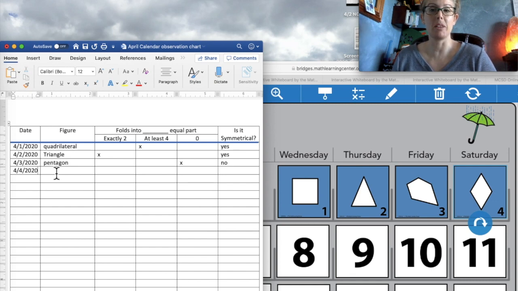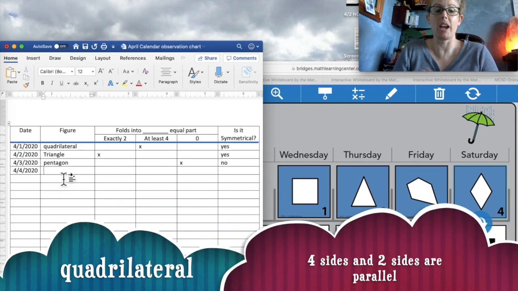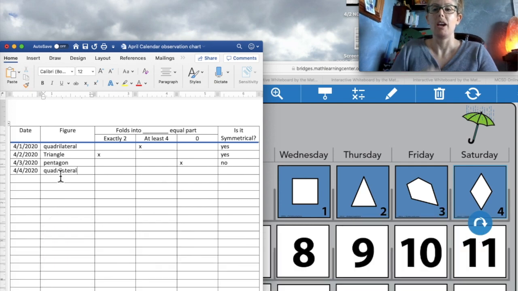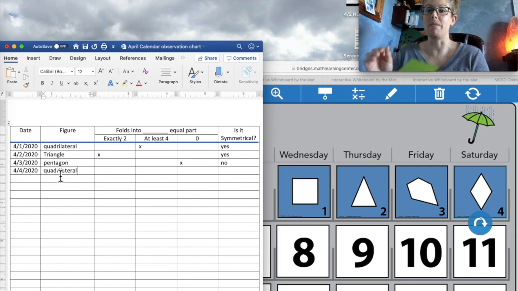Can you remember what that was? We visited it on Wednesday here. They have something in common. That's right, they do have 4 sides. So with those 4 sides, we call it a quadrilateral. A quadrilateral meaning it has 4 sides and 2 of them are parallel. They will never ever meet.